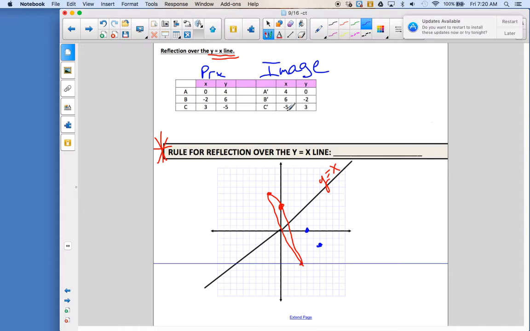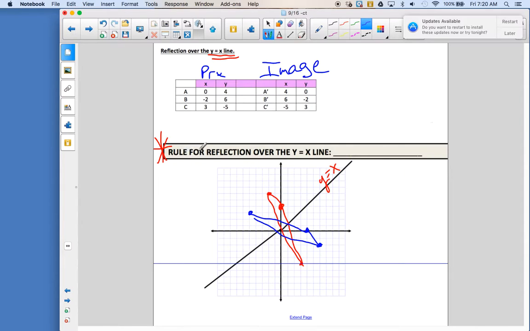And then C prime is at negative 5, positive 3. So negative 5 is 5 to the left, 1, 2, 3, 4, 5, and positive 3 is right there. So let's connect these blue dots, see what that looks like. And there's our flip across the y equals x line.